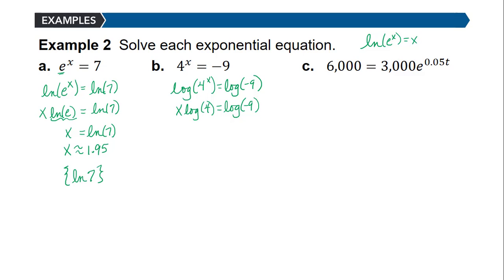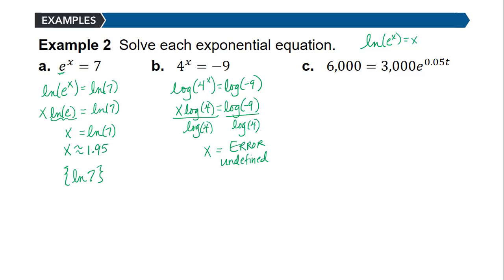And so the log of negative 9 is actually undefined. So let's say you didn't remember that and you divided each side by log of 4. If you enter this expression on your calculator, the log of negative 9 divided by the log of 4, you're going to get an error. This is undefined because the argument must be greater than 0.